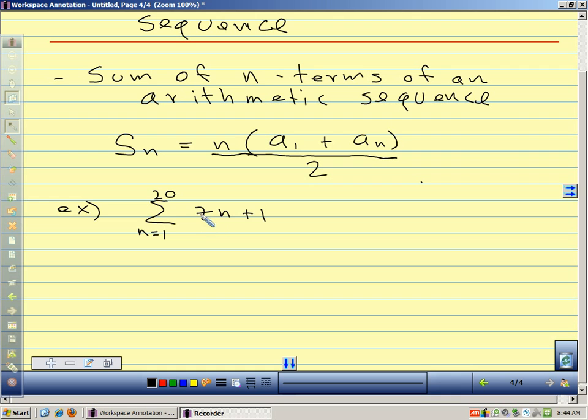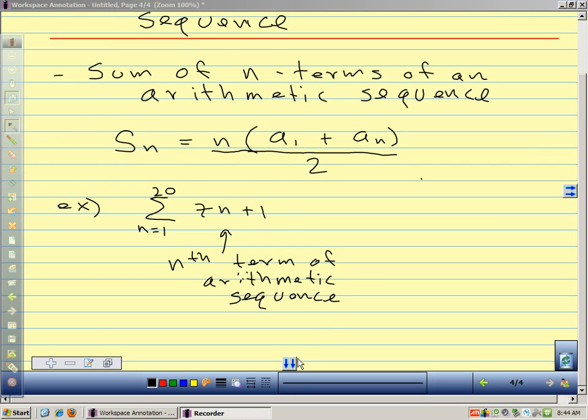This is our formula for our nth term. So this is our nth term, and we want to find the sum from n equals 1 to 20. So we're going to use our formula here.